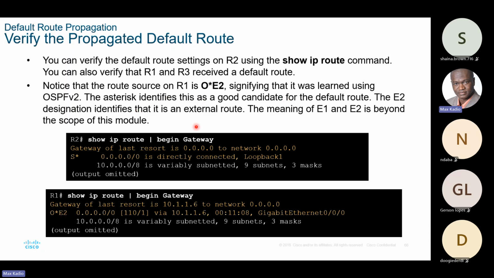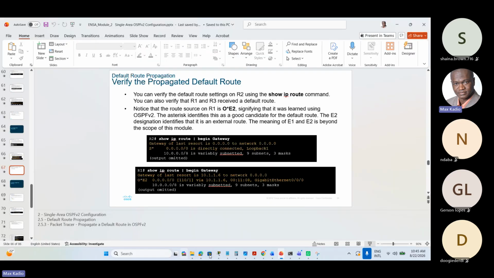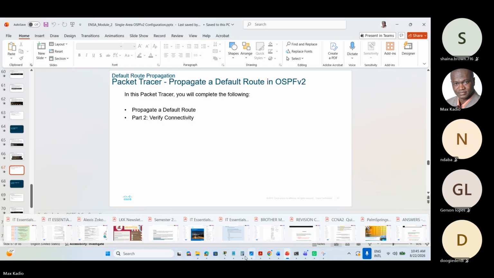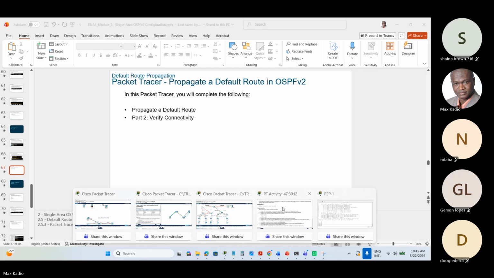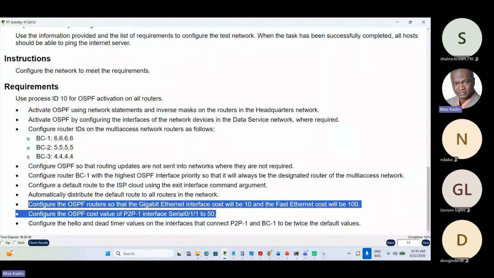Okay, anyway, you can read this one in NetAcad. I think there is also a video where we explain more. So we know how to do the default route propagation, the cost, hello interval, dead interval.